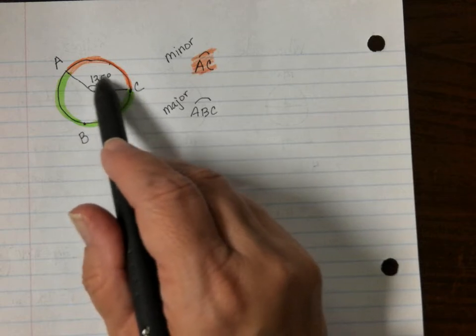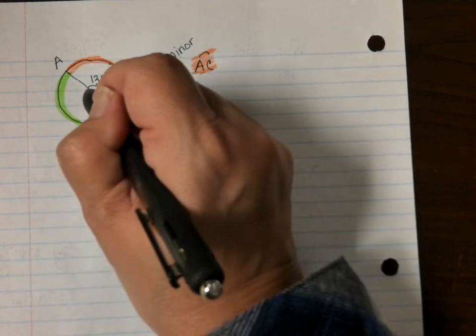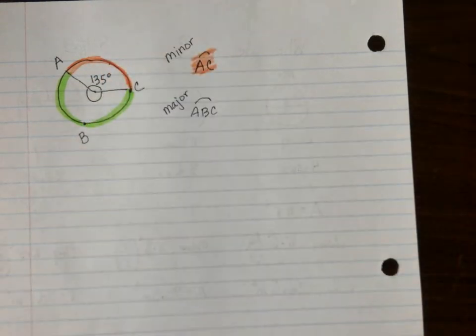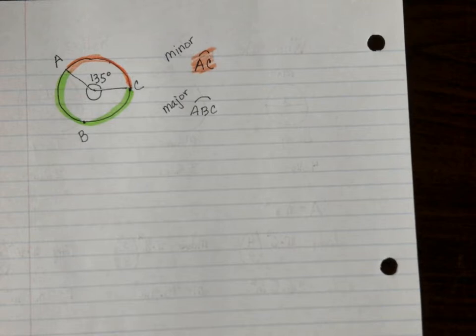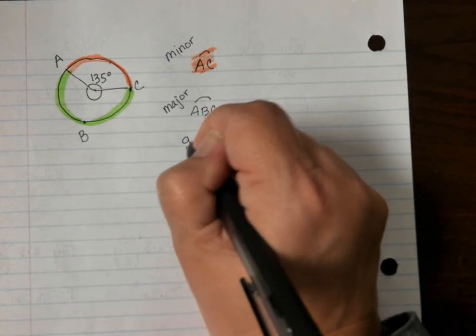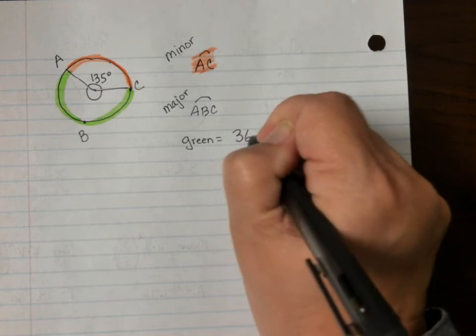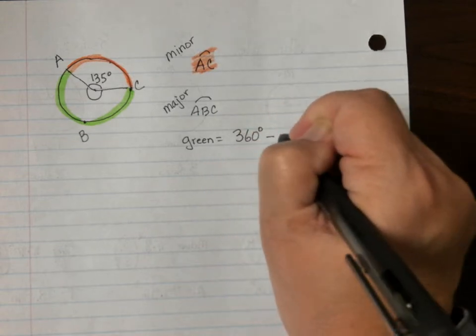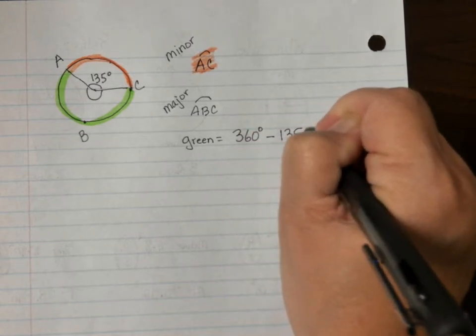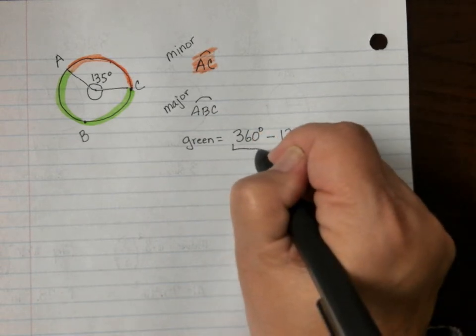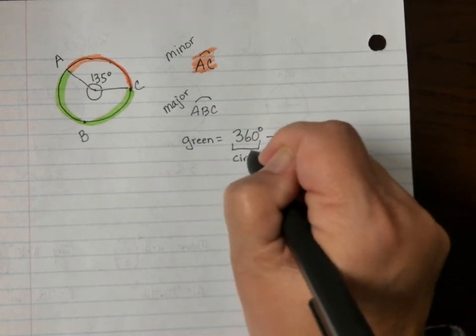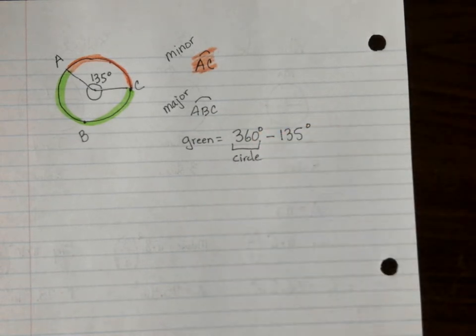So if this one is 135, how do I figure out the green one? Okay, so the green here is going to equal 360 minus 135. Why? Because a circle has 360 degrees. Make sense?